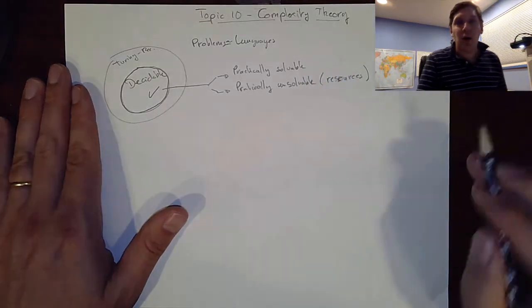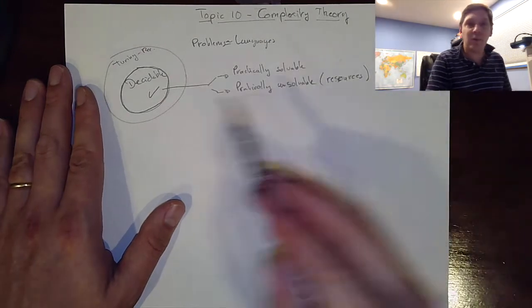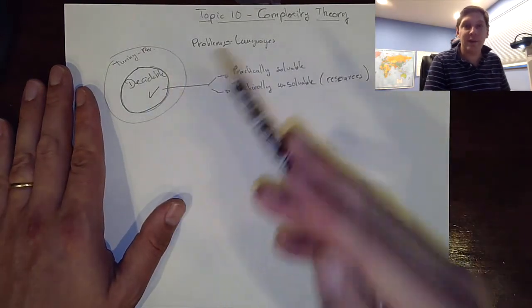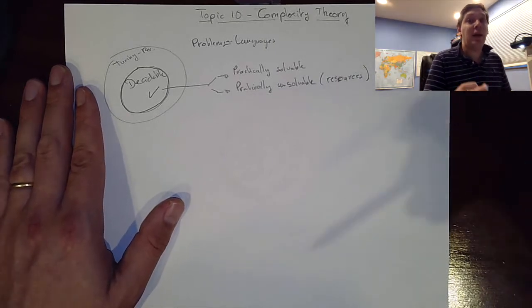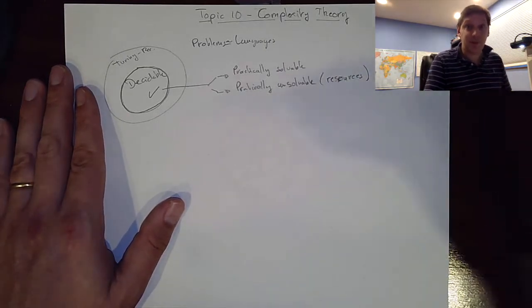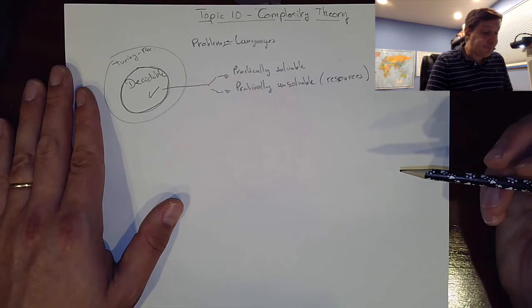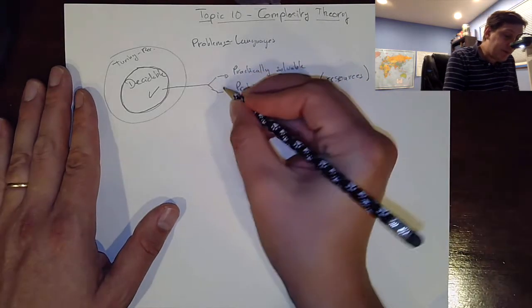This can be only a resources issue because we know that they are decidable. We know that there is an algorithm. It's only a question of how much time and space, memory, it will take.